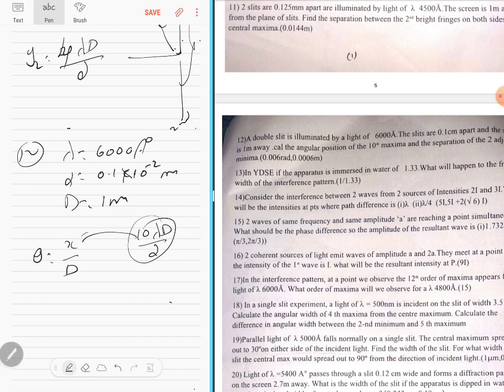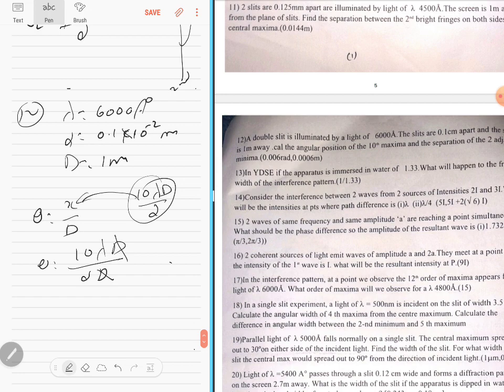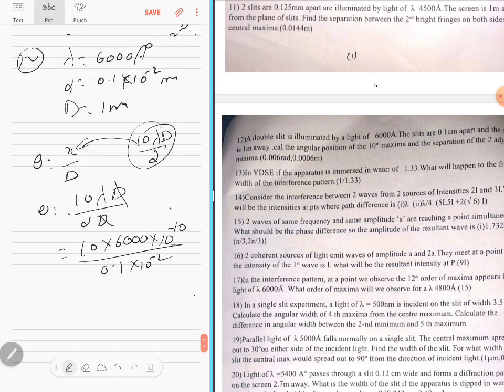When you substitute this here, theta will be 10 into lambda into capital D by small d into capital D, you get cancelled. You don't need capital D. 10 into wavelength itself 6000 into 10 to the power minus 10 by small d itself 0.1 into 10 to the power minus 2. Let me see if this is going to work. This has become 10 to the power minus 3.